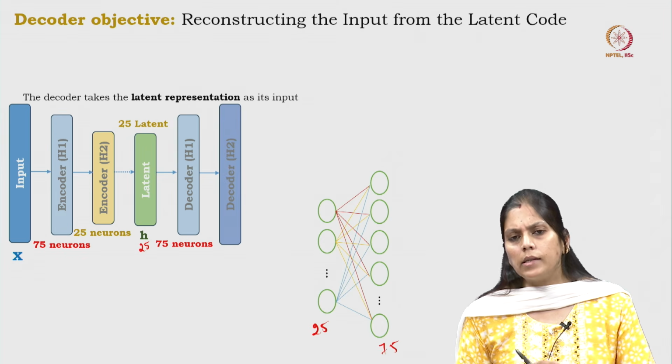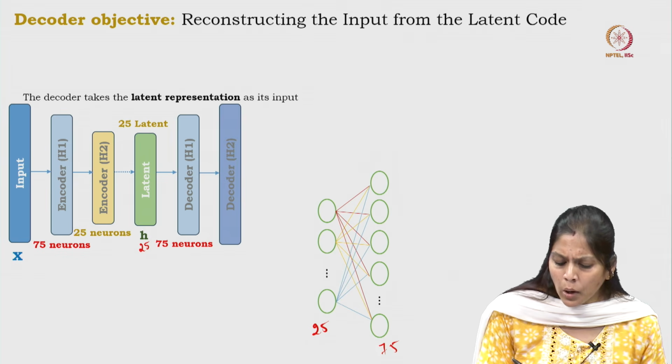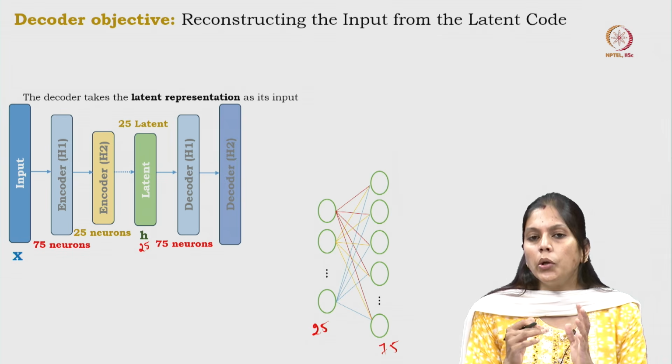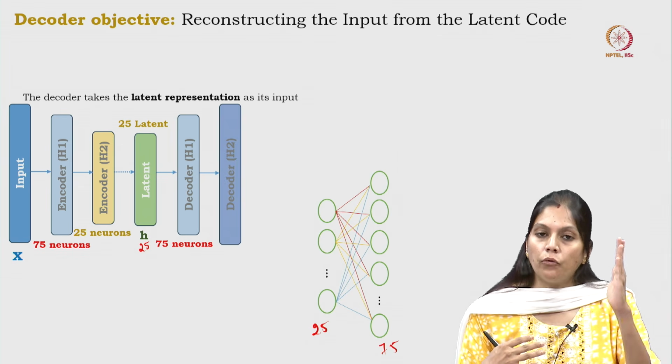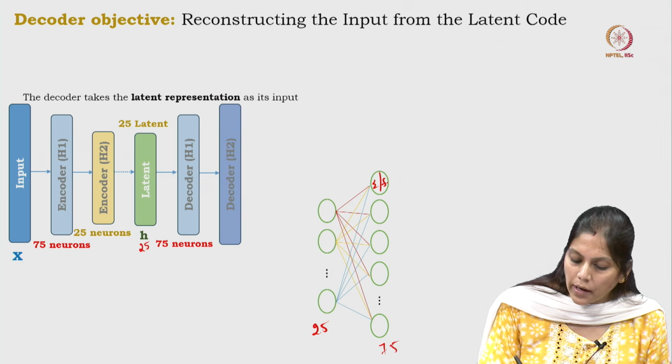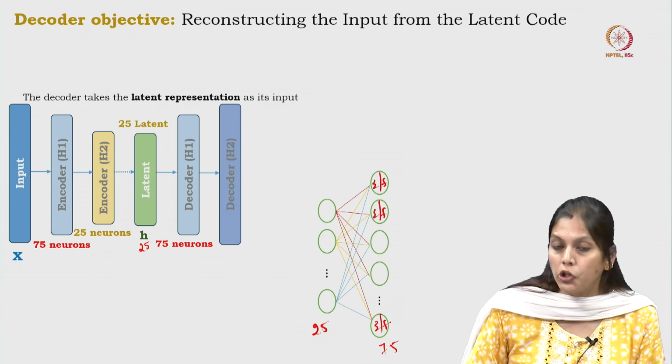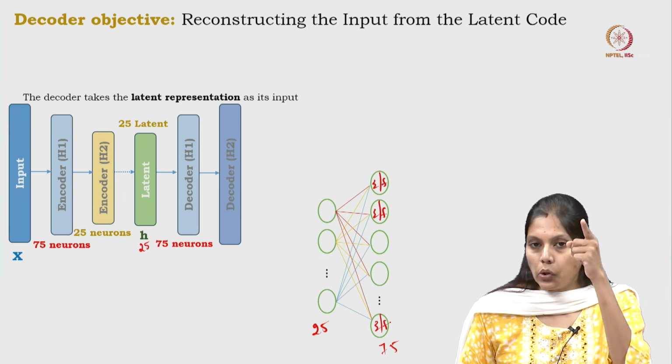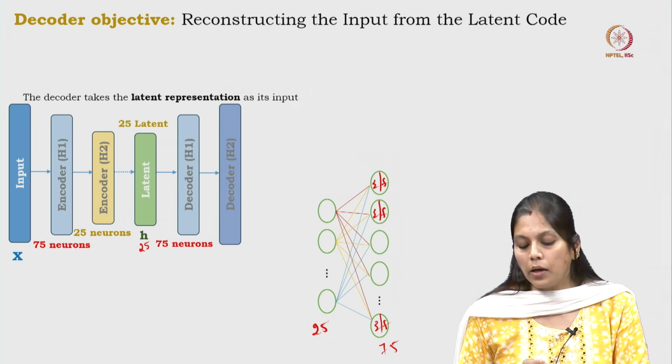So, what exactly is happening here? Now, from 25, what will be the output? Here you will again have summation and activation, similarly summation and activation, and so on. We are going to get 75 values as the output.